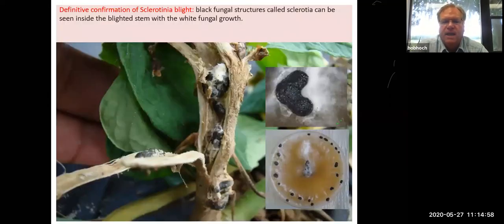Upon further investigation, however, we would not see the little mustard seeds, and if we cut this open, we would see a different resting spore, called sclerotia, and this is Sclerotinia blight. This one is even more difficult and more serious than the previous one, from the ability of these resting spores to stay for a long period of time.